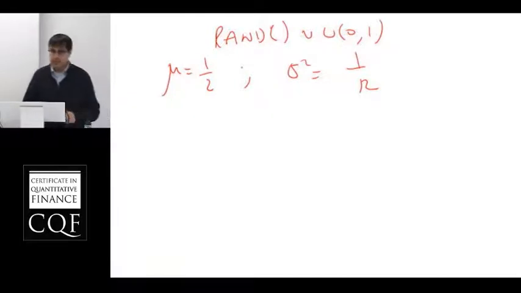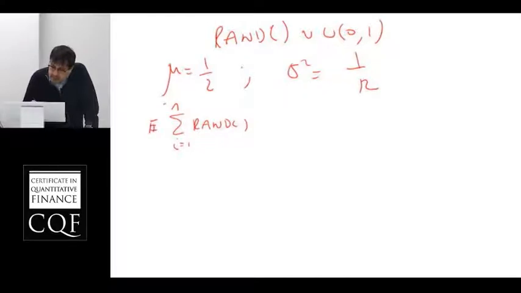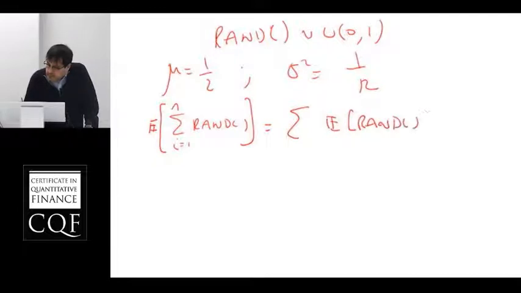Those are the statistical properties of u01. Let's sum up a whole load of these. So if I sum up rand, i goes from 1 to little n, we work out the expected value of that, in other words, the mean. Sum of expected value of rand, i goes from 1 to n, so therefore we've got n times a half.